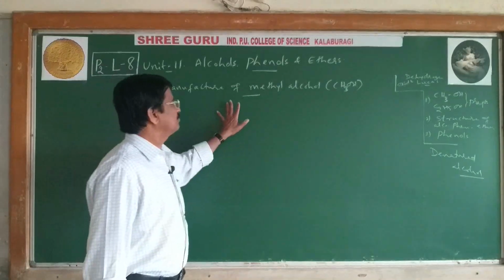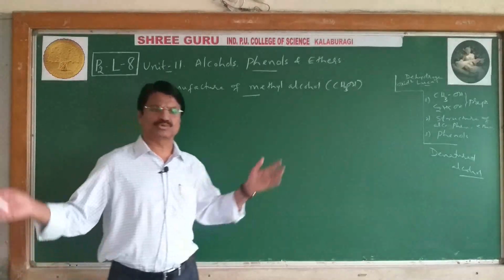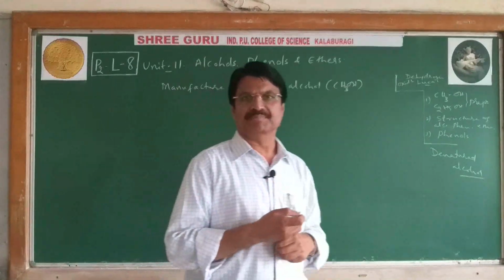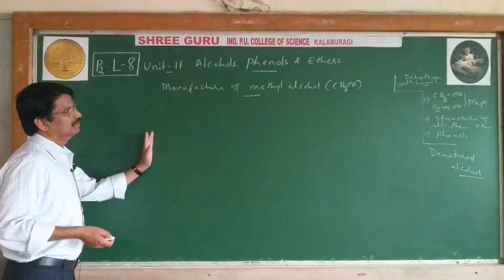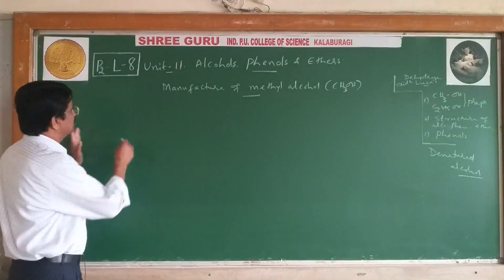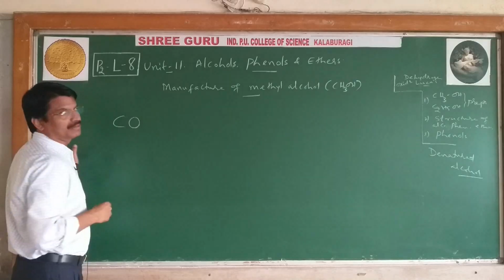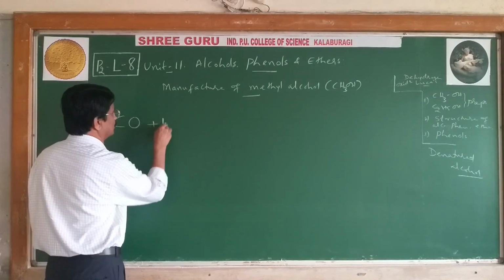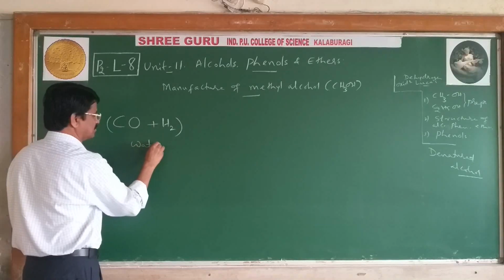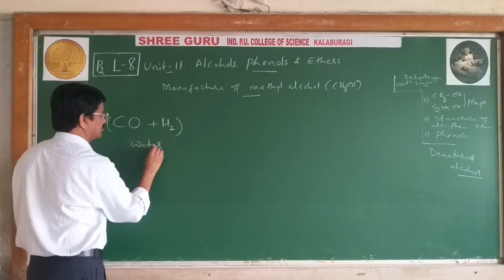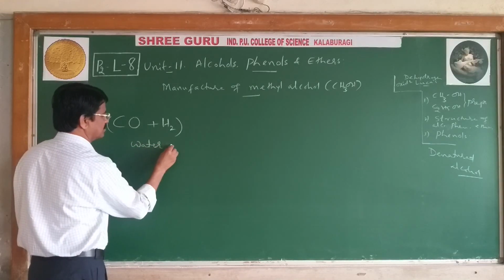Now, manufacture of methyl alcohol. See how to get a large amount of methyl alcohol in industry by taking carbon monoxide and hydrogen, and this mixture is called water gas.